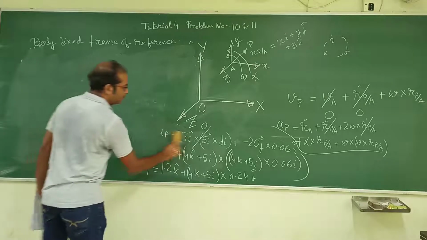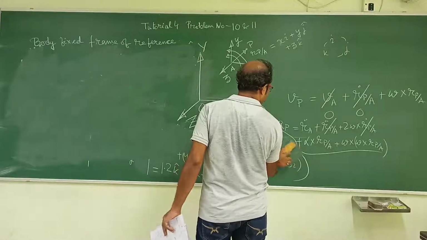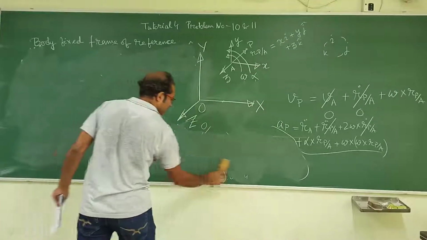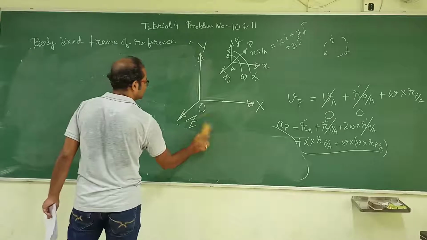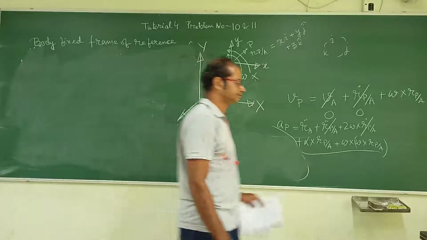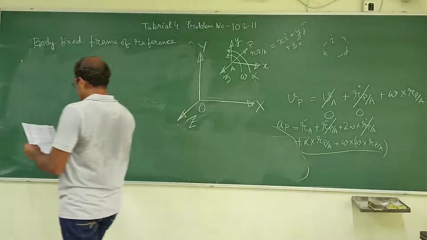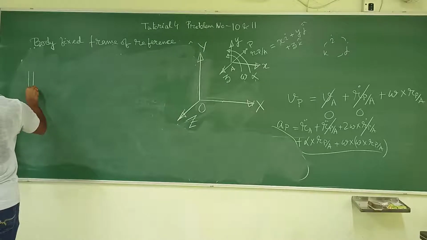So everything will be erased off. Only this part will be kept. I will just be drawing the figure. So over here the figure is somewhat like this, there is a collar kind of thing.